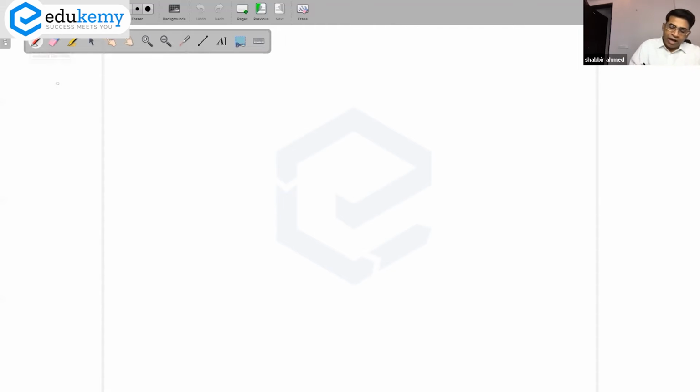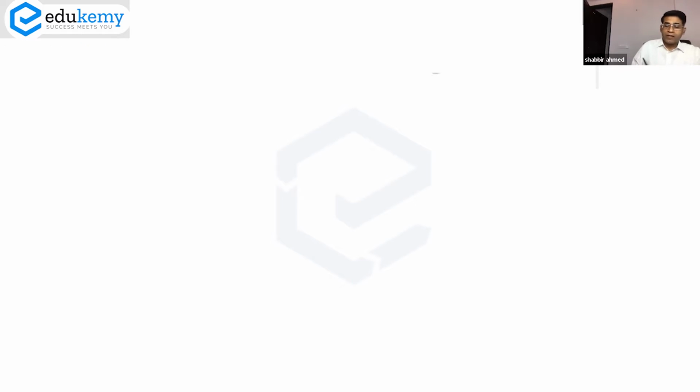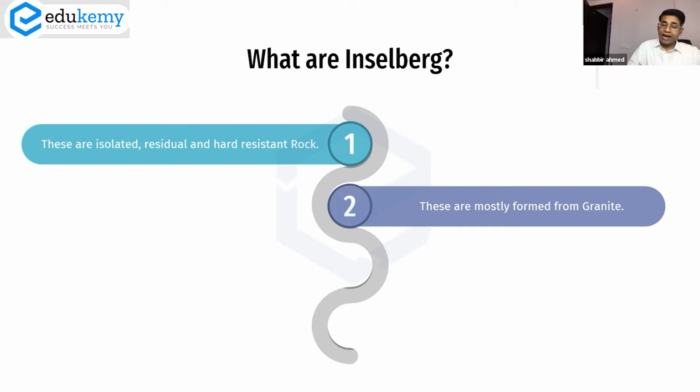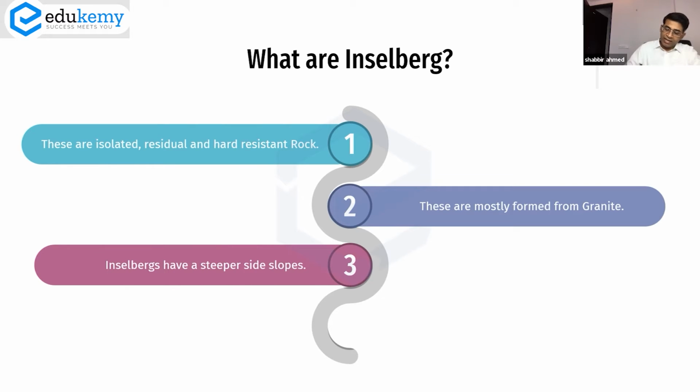Then what are Inselbergs? These are isolated rocks. These are residual rocks, very importantly hard, resistant rocks. In most cases, these are formed from granites. A very important feature of Inselbergs is that they have steeper side slopes.